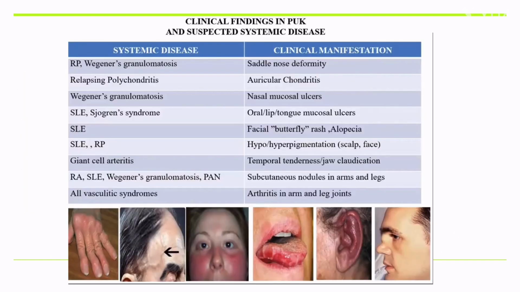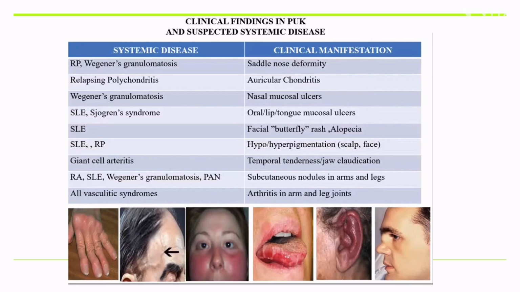Now, the importance of looking for systemic clues in patients with PUK. Since PUK is frequently associated with systemic vasculitis, recognizing the extraocular signs can help us identify the underlying diseases early. For example, saddle nose deformity is suggestive of granulomatosis with polyangiitis or relapsing polychondritis. Nasal or oral mucosal ulcer can be seen in SLE or in Wegener's granulomatosis. The classic butterfly rash is suggestive of SLE.